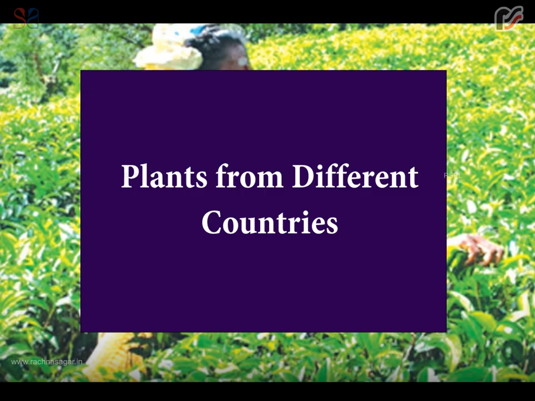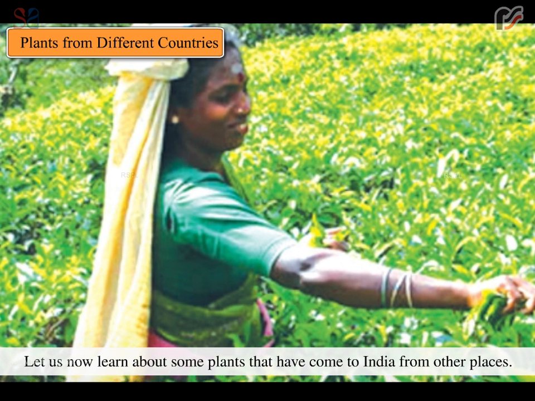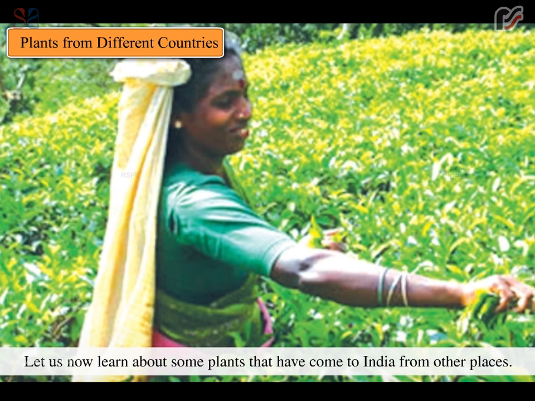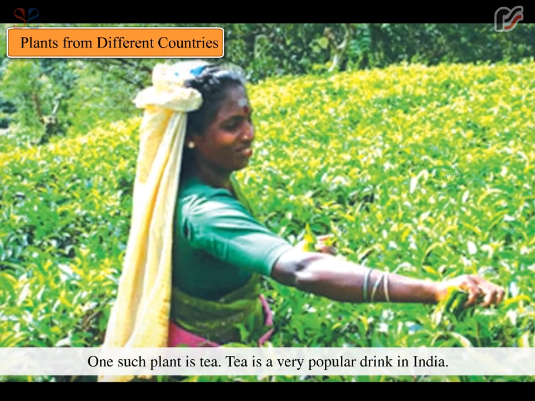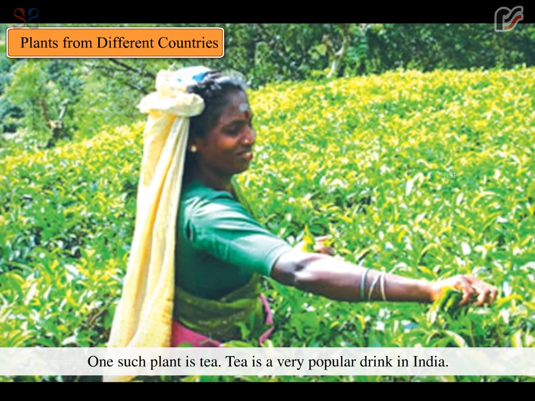Plants from different countries. Let us now learn about some plants that have come to India from other places. One such plant is tea. Tea is a very popular drink in India.